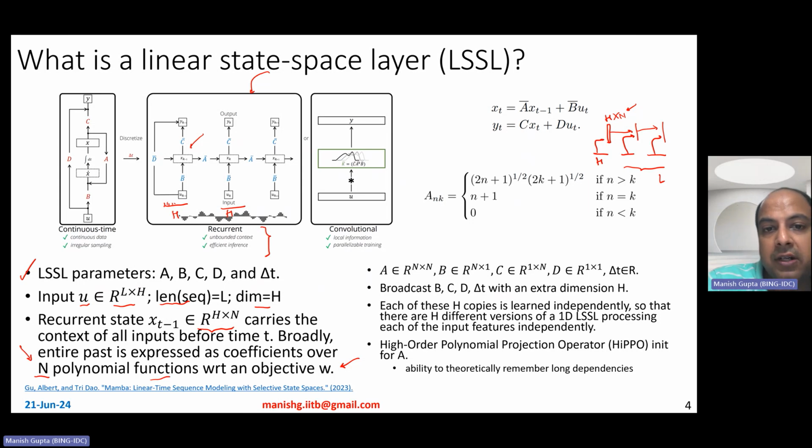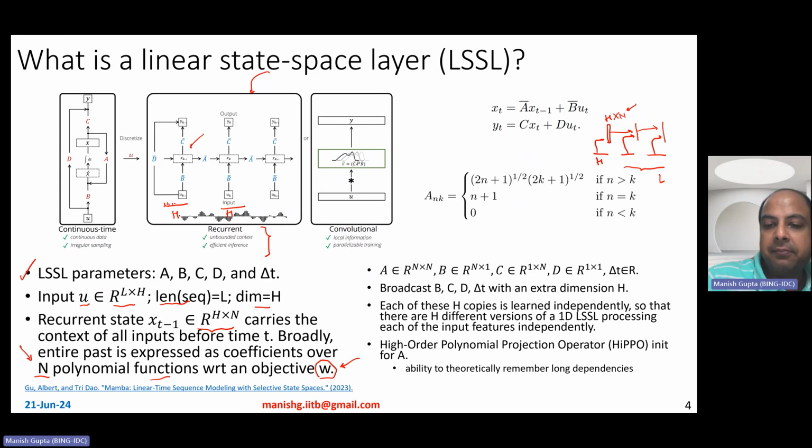So you want an objective function which decides how important each value was in the past, and that is captured by W. Therefore, this notion of representing the entire past in terms of n different numbers is conditional on an objective function W.